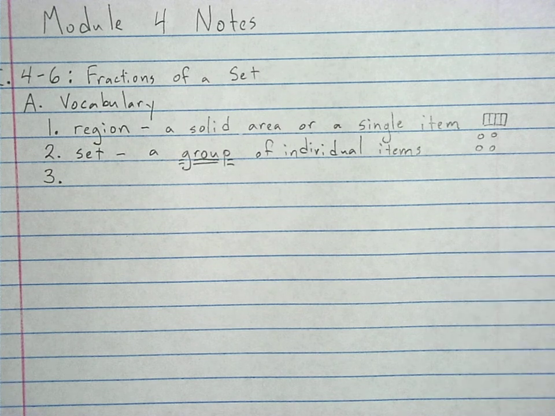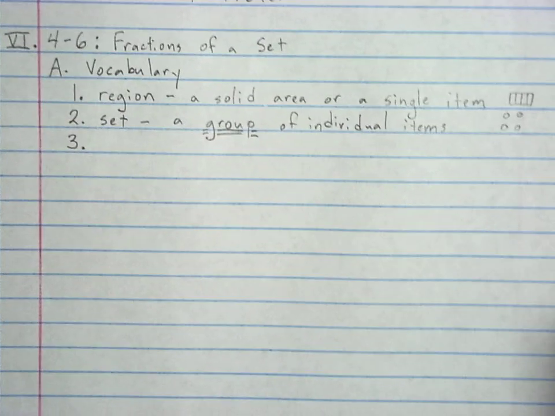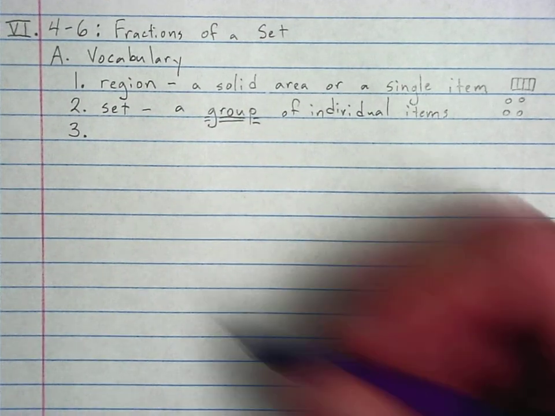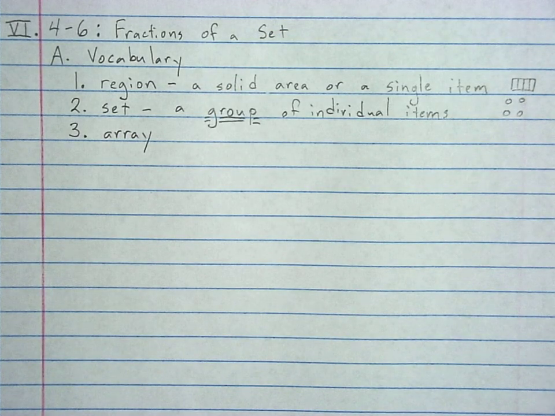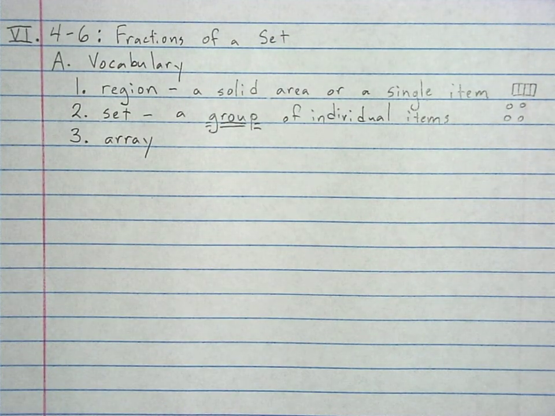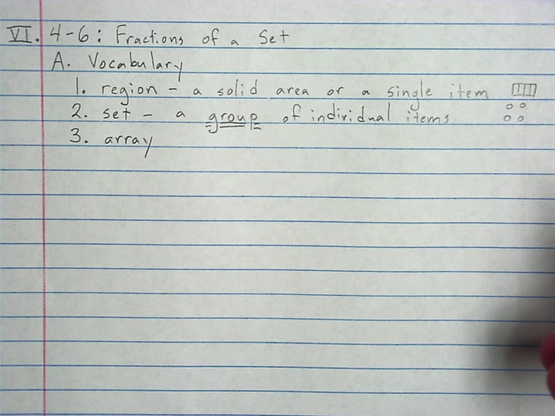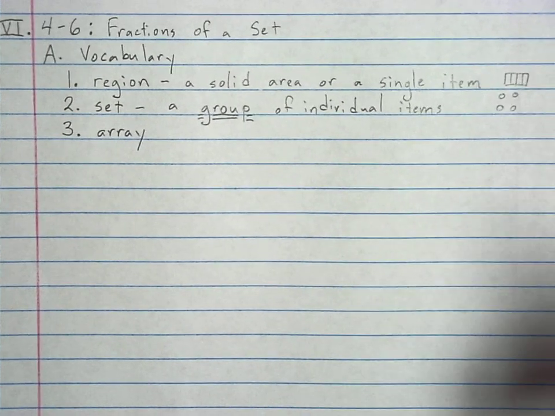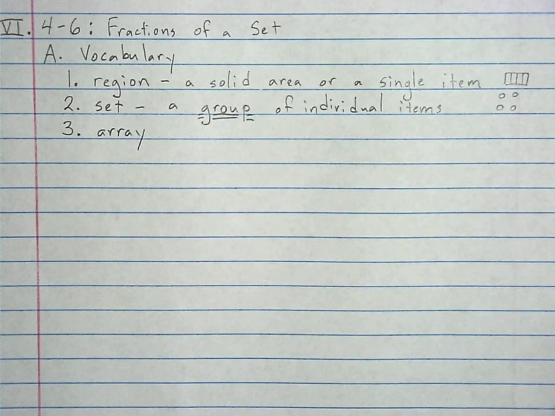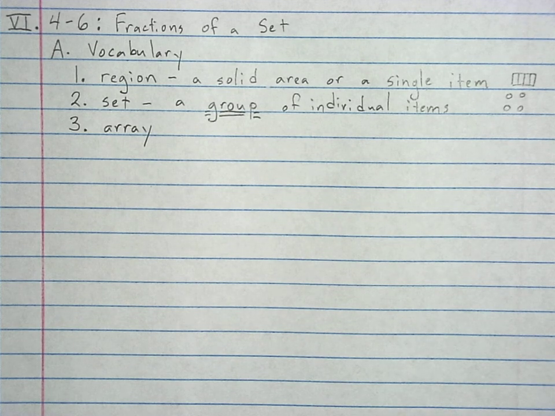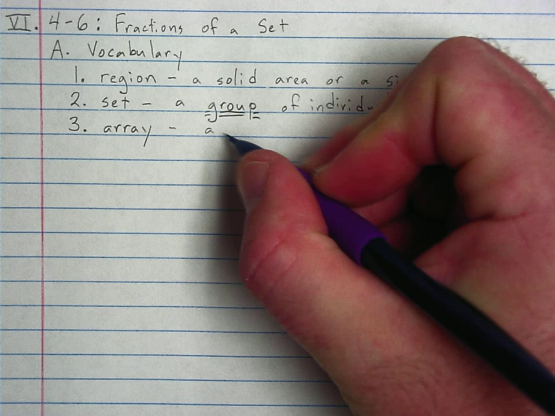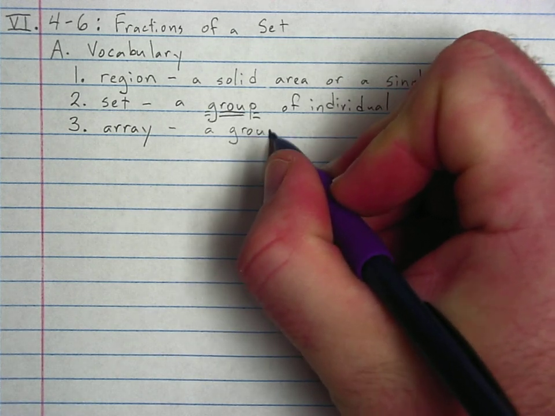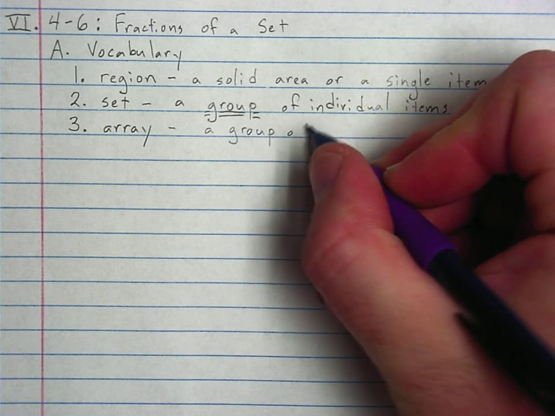Now, building on the idea of a set, I want to talk about an array. Most of you probably talked about arrays when you were first learning to do multiplication. You might have seen them come up again when you were first learning division. We're going to use them again to help us with fractions. An array is a group of items.